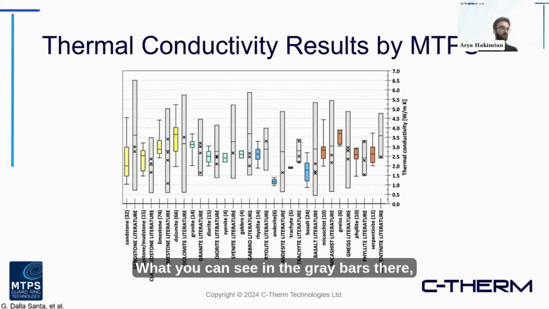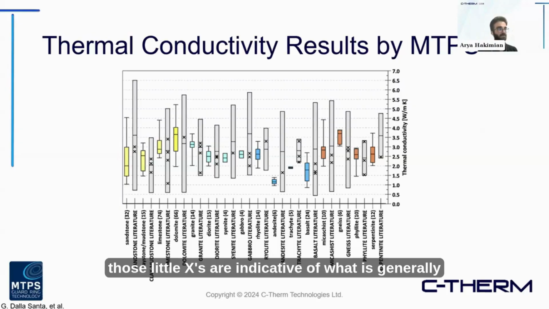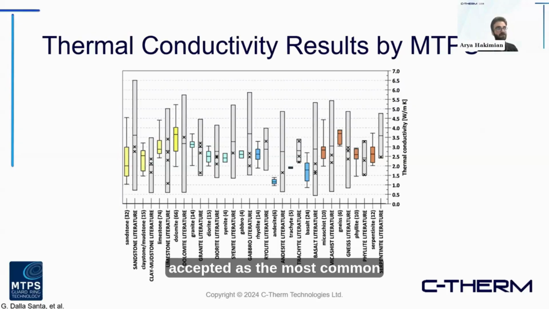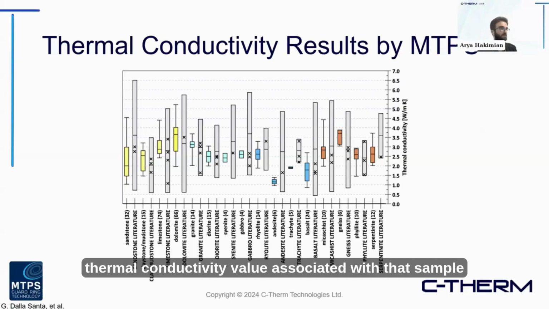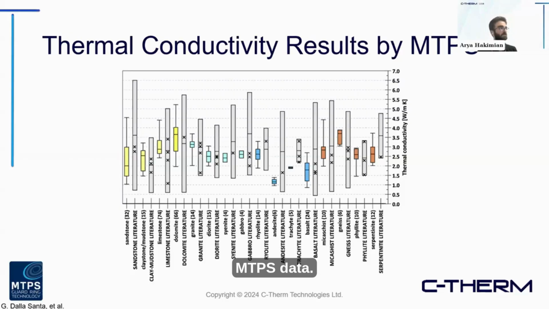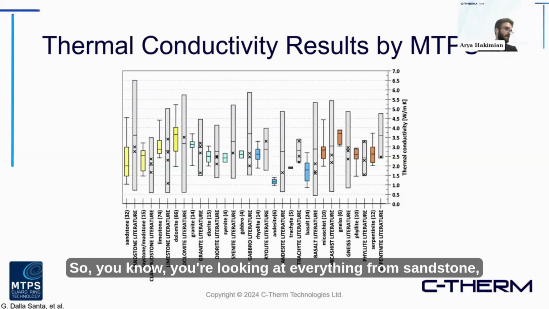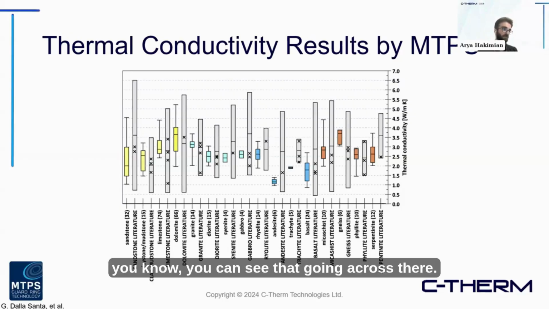What you can see in the gray bars there, those little X's are indicative of what is generally accepted as the most common thermal conductivity value associated with that sample type. And then the colored bars are representative of the MTPS data. So, you're looking at everything from sandstone, limestone, you can see that going across there, but generally giving you an idea of where your samples are falling with respect to some expected values, but then also just understanding the inherent variation that can occur in some of these systems.